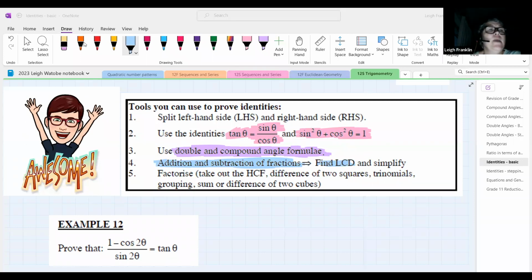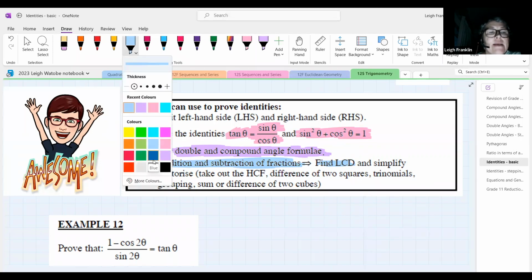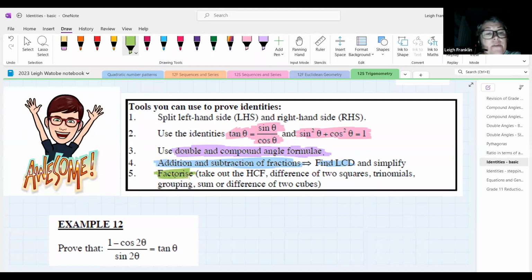The other big thing we have to be on the lookout for all the time is factorizing, because we cannot cancel over plus and minus signs. So we always have to be able to take out a highest common factor, or factorize a difference of two squares or trinomials. I have seen grouping, but I've never seen sum or difference of two cubes in identities. But just because I haven't seen it doesn't mean that somebody somewhere might not ask it of you.